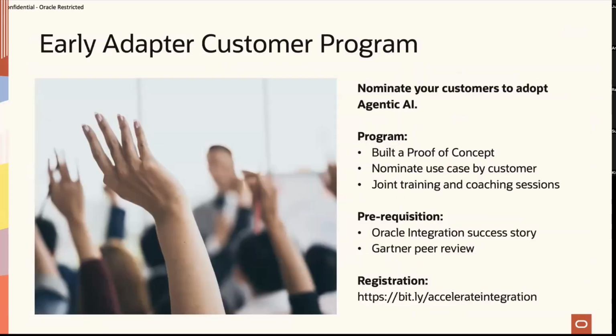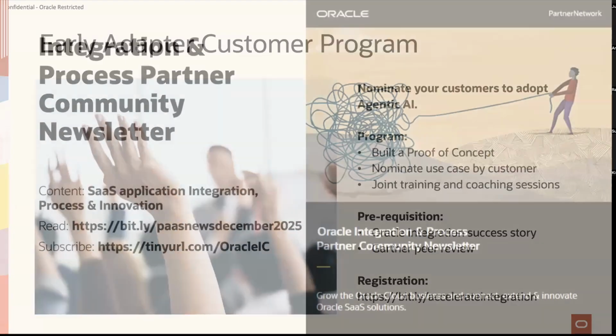That is available together with the early adopter program. So if you would like to learn more or if your customers are interested, please join the early adopter program that Ravi Chaplani is managing. Sign up for it and send us some details about the use case that you would like to build together with us. As part of the program, we build a proof of concept, we train the customer together, and we want to promote the success together with the customer.